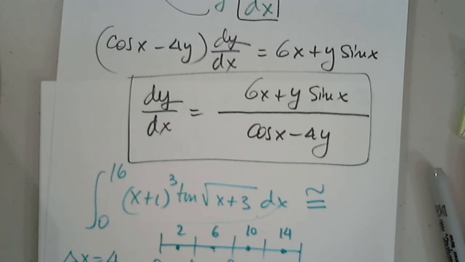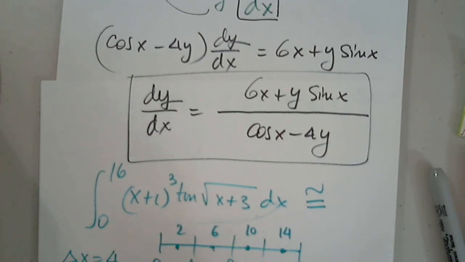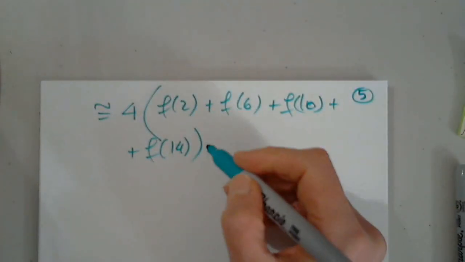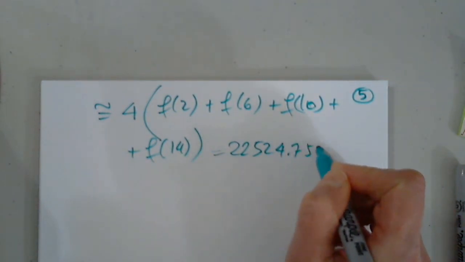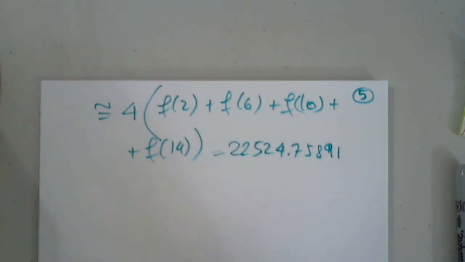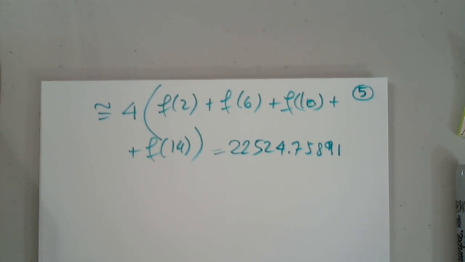So I didn't copy the correct answer. So on the paper, that's my mistake. So it's 22524.75891. So I'm wondering if I forgot to multiply, where was it? Oh, I didn't mean to stop sharing.